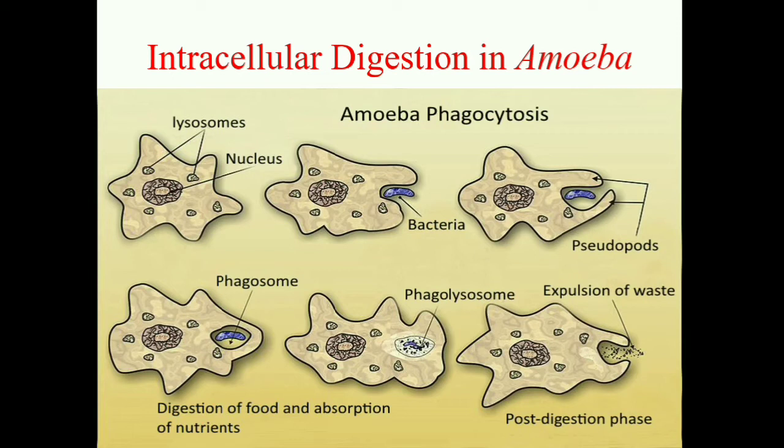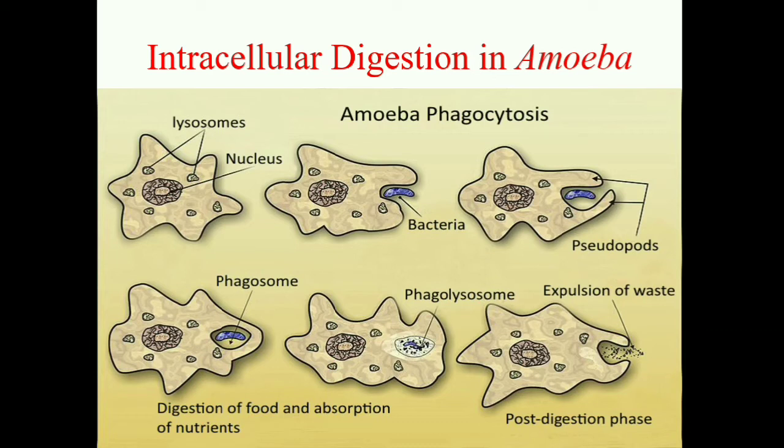Those food particles enter amoeba through a vacuole called food vacuole or phagosome. Inside the food vacuole or phagosome, lysosomes become active and digestion of food starts within the phagosome.